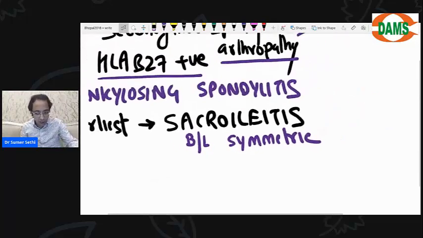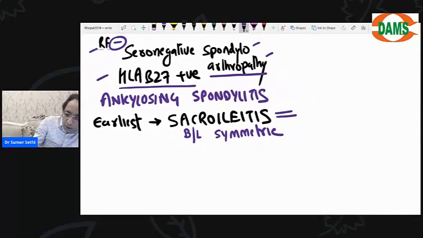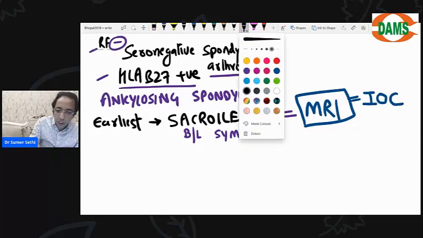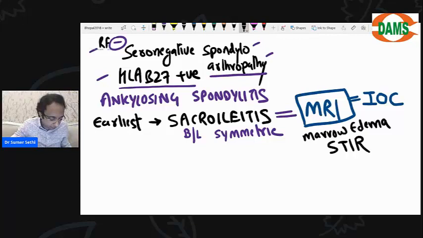Okay, sacroiliitis. But the key word I want you to remember is that sacroiliitis in ankspons is seen on MRI before you see it on X-ray. That is why we believe MRI is the investigation of choice here. MRI will show you sacroiliitis early because you will see bone marrow edema around the SI joint, especially when you do fat suppression with a technique called STIR.